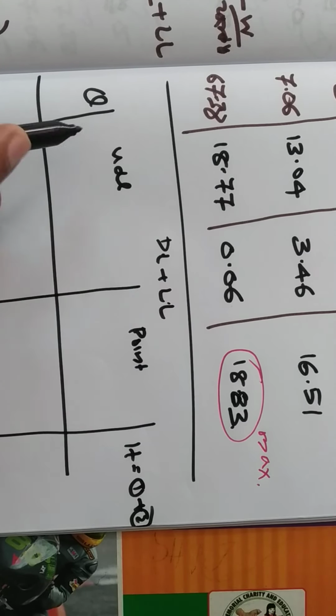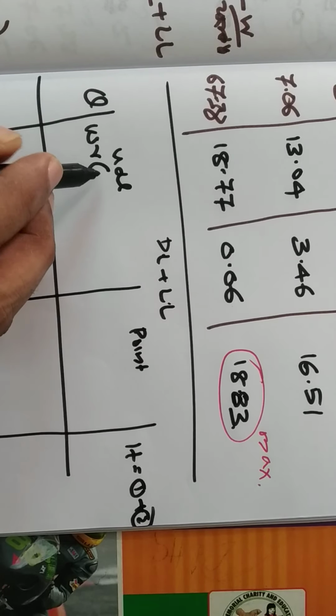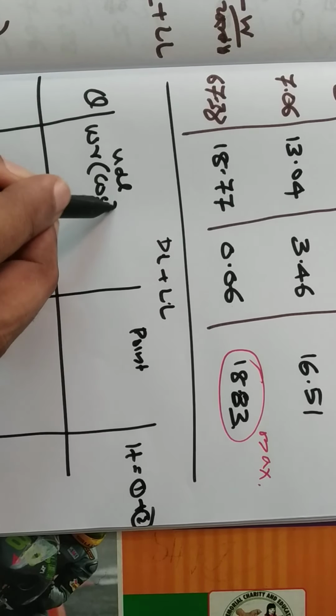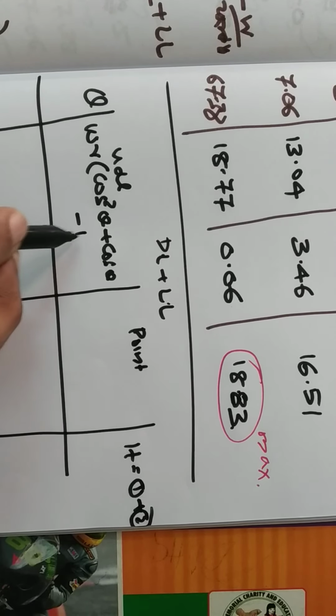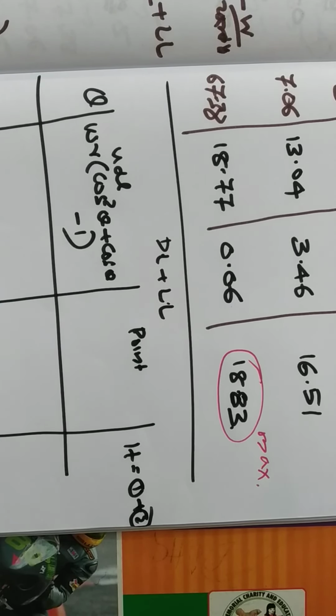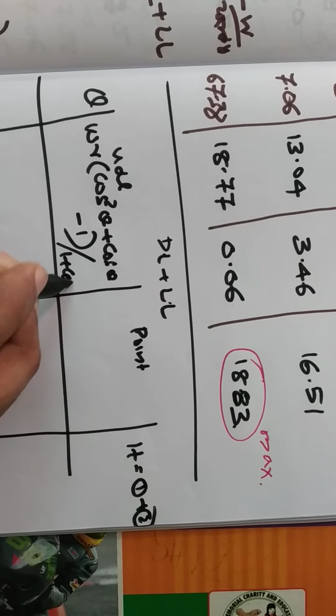For UD load, the formula is, as you know, WR into cos square theta plus cos theta minus 1, divided by 1 plus cos theta.